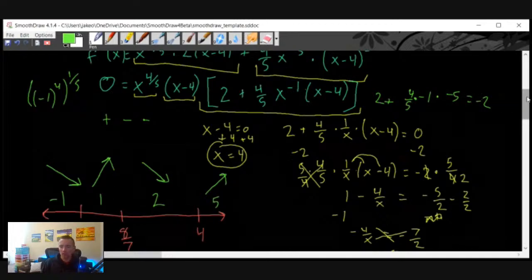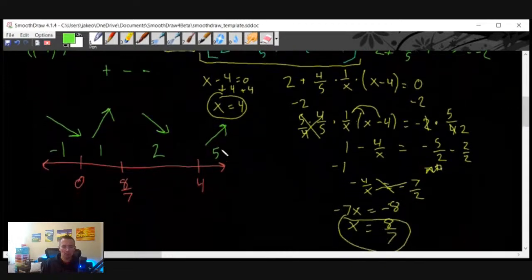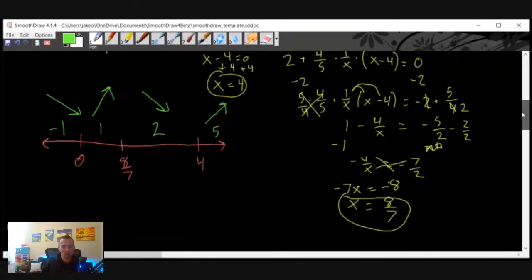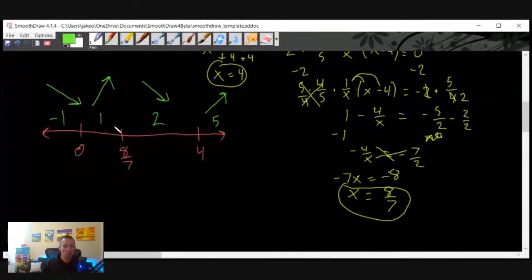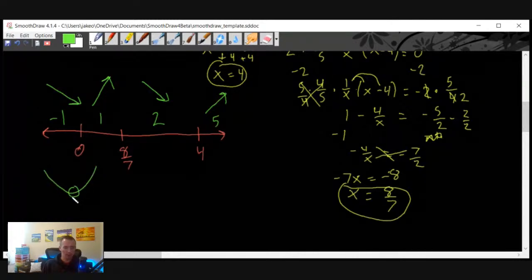So once you've graphed out which intervals your function is increasing and decreasing, you can use the first derivative test. It tells us whether they're going to be maximums or minimums. So if we're decreasing to the left and then increasing to the right, our function is going to look like this at that point, telling us that x equals 0 is a minimum.